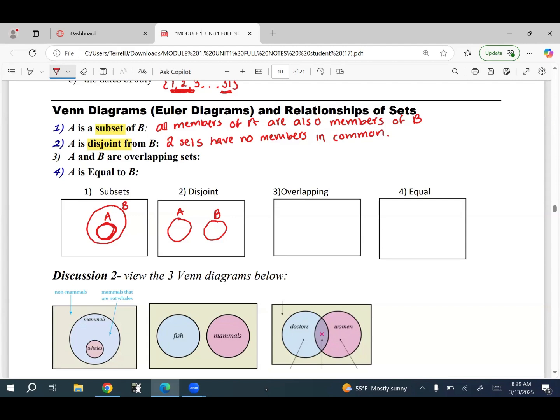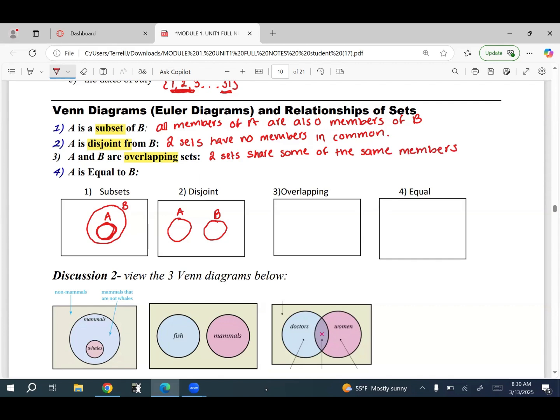And then we have overlapping. A and B are overlapping. And that's when the two sets share just some of the same members. There's just some overlap. So not all, right?